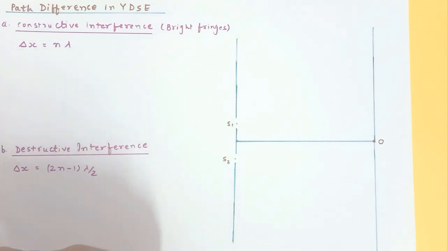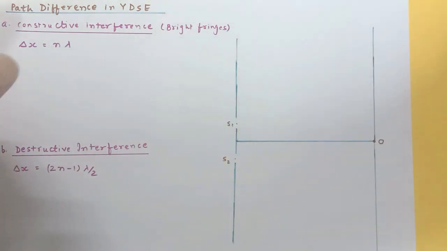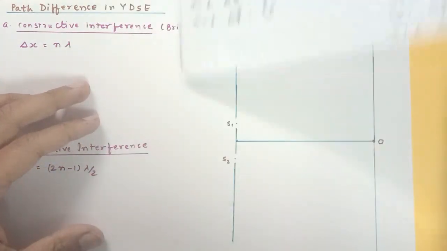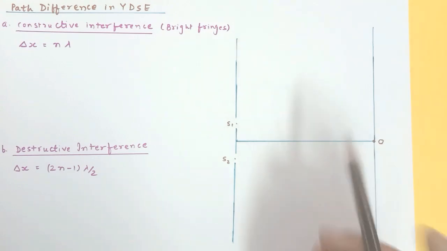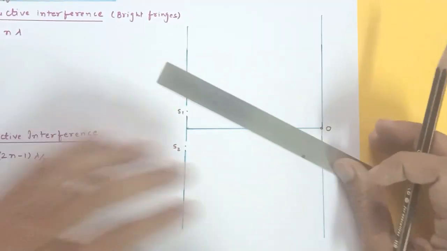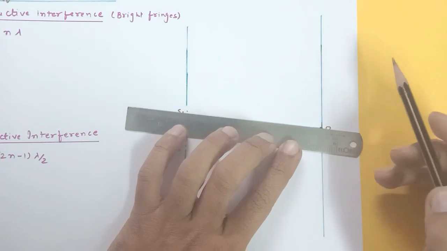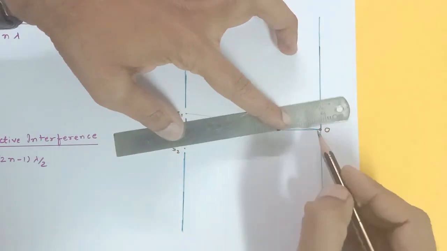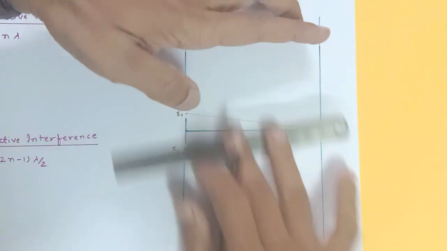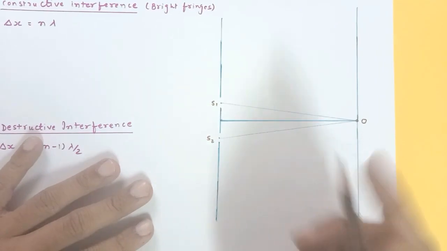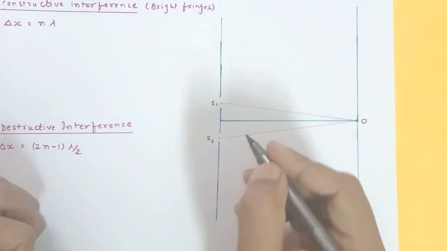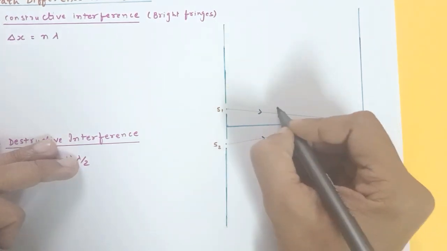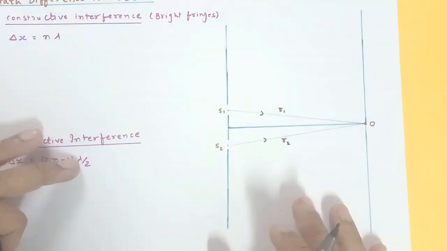Now some of the viewers might be confused that I have taken n is equal to 0 over here but not here. So I'll explain it to you now. If we look at point O, and suppose I am taking out two rays, now these two rays are traveling from S1 and S2, these slits, and these are traveling actually equal distances.